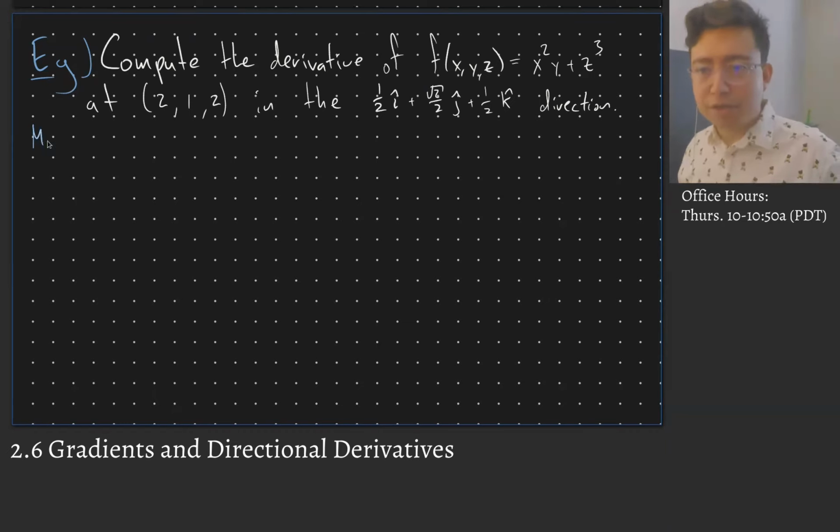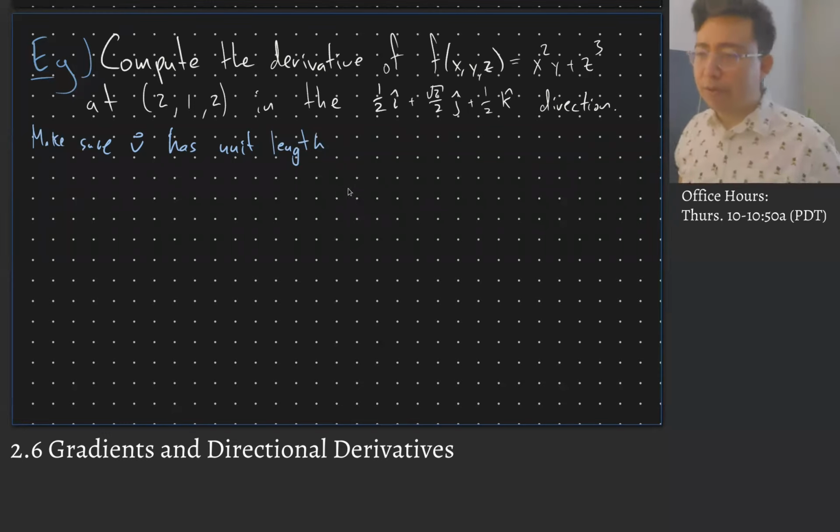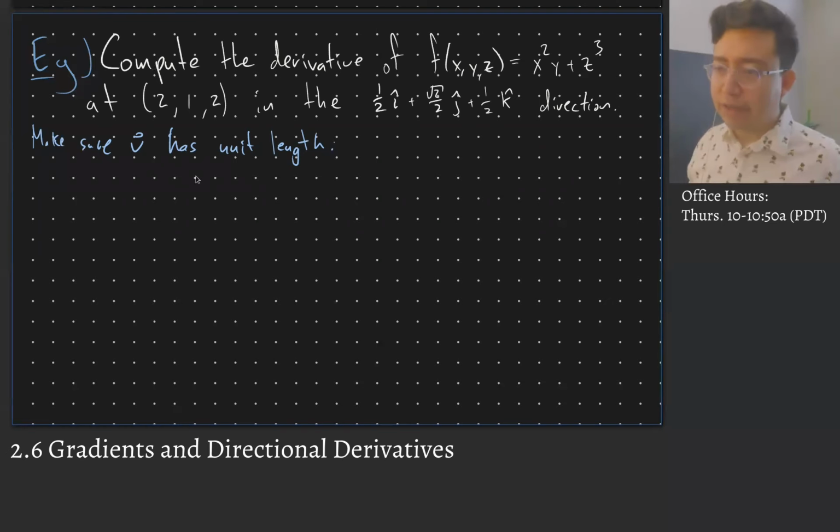Make sure V has unit length. And if it doesn't, then normalize it. So we're just going to check the magnitude of V.